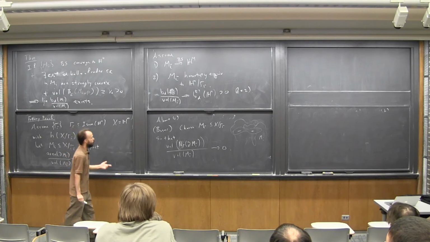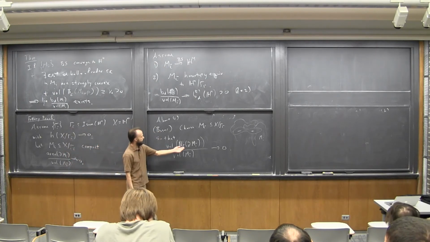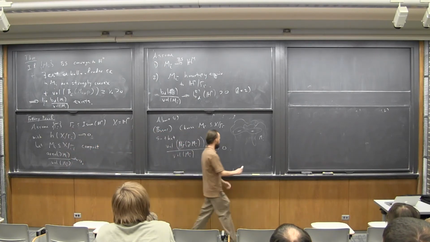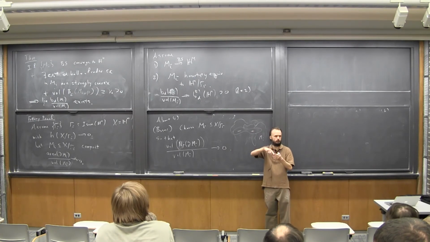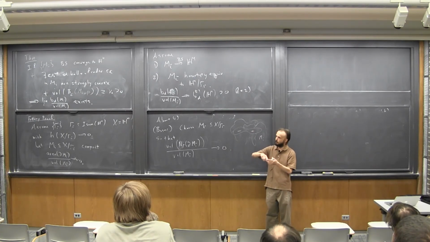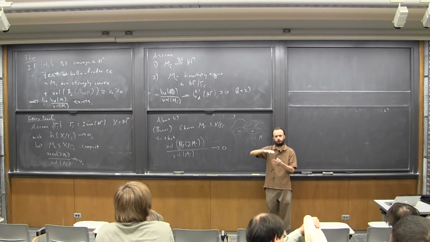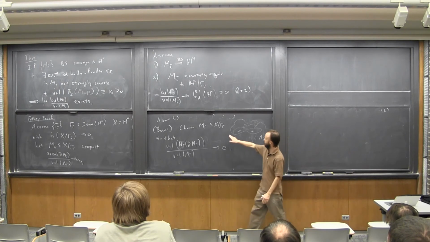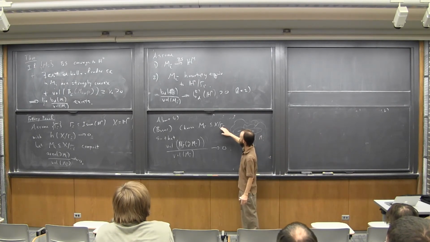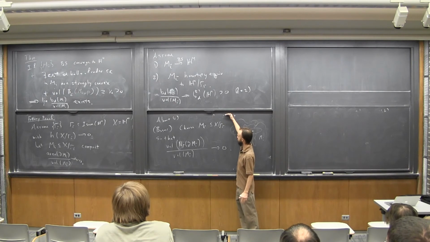Okay, so there's one other way that this sequence can fail to Benjamini-Schramm converge, and that's if you have homotopically short loops in the manifold. But we can get rid of these by passing to finite index covers. So we replace our gamma_i with a subgroup, a finite index subgroup of that one.